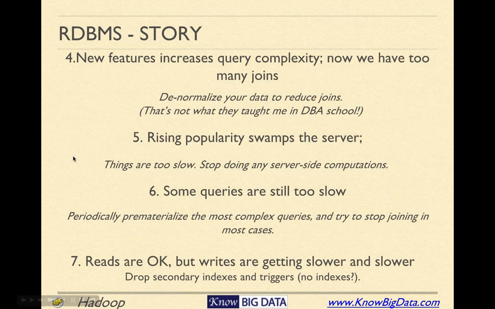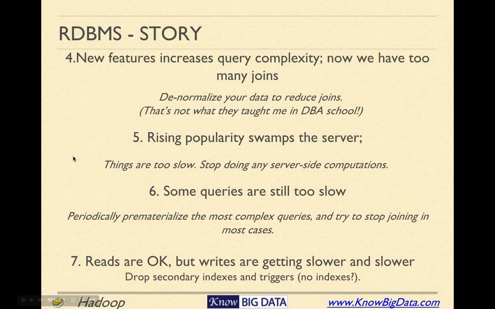There are around 200 features displayed on Amazon's page, right? So as more and more features are getting added to your product, the query's complexity is increasing.